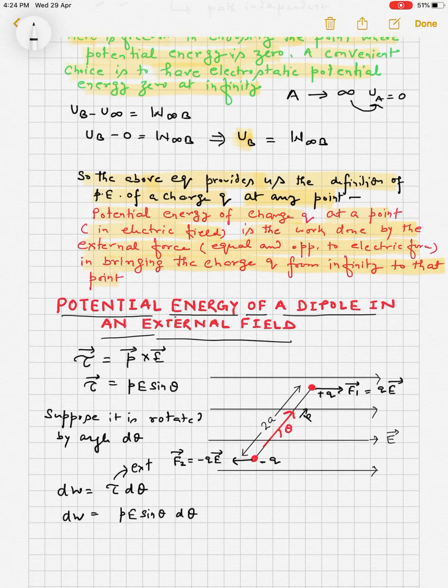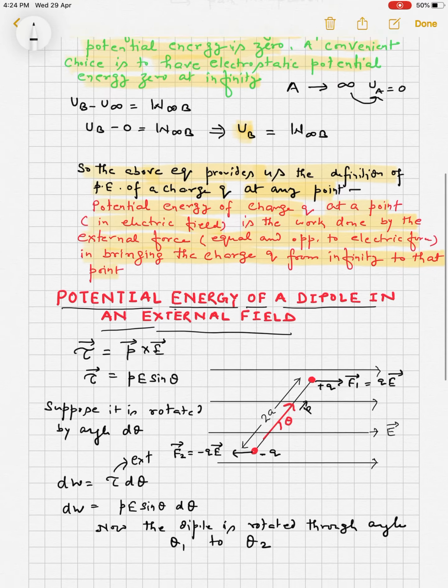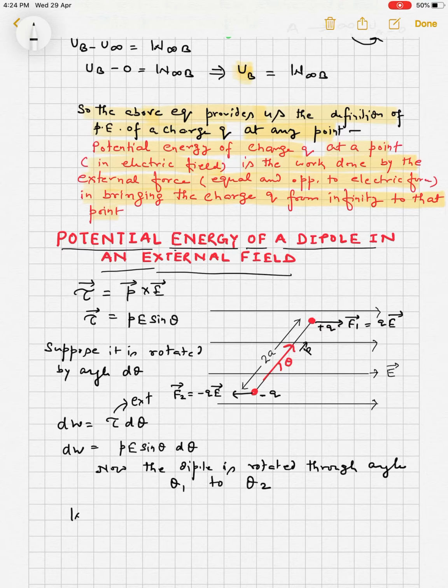Now the dipole is rotated from angle theta 1 to theta 2. So the total work done W will be the integration from theta 1 to theta 2 of PE sine theta d theta.